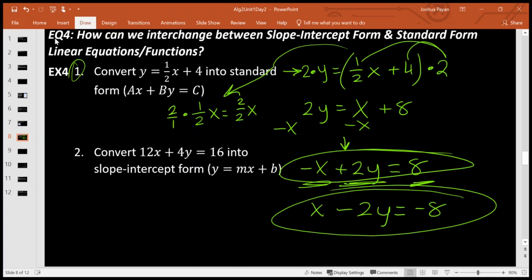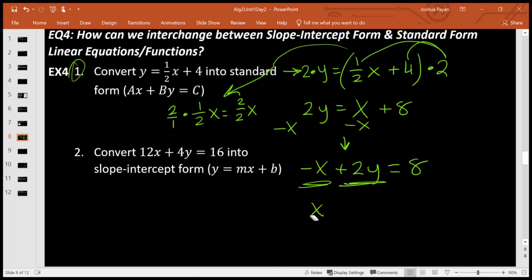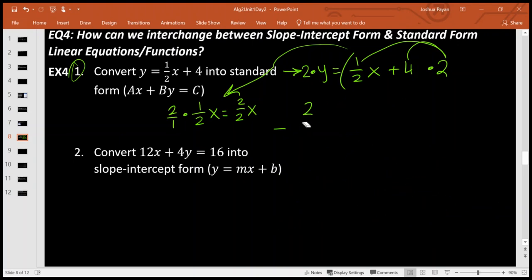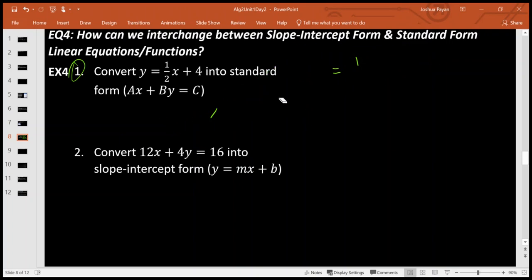Okay? So now let's look at going the other way around. So let me erase, give myself some room. So now we've got an equation that here in example 2 is in standard form, and we want to convert it into slope-intercept form, right? And we notice the key difference again. Here we have the constant by itself.